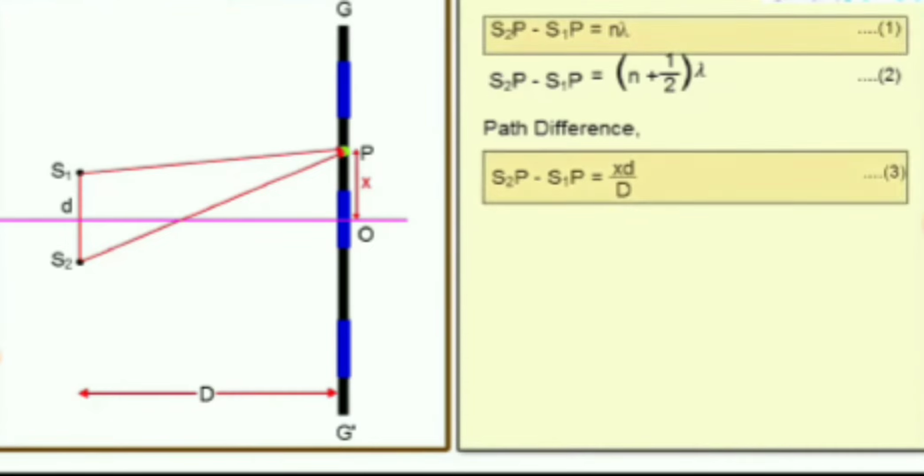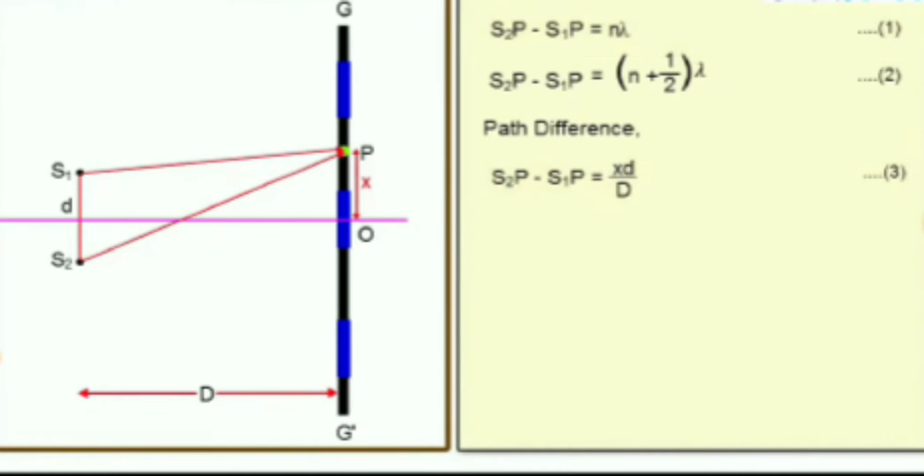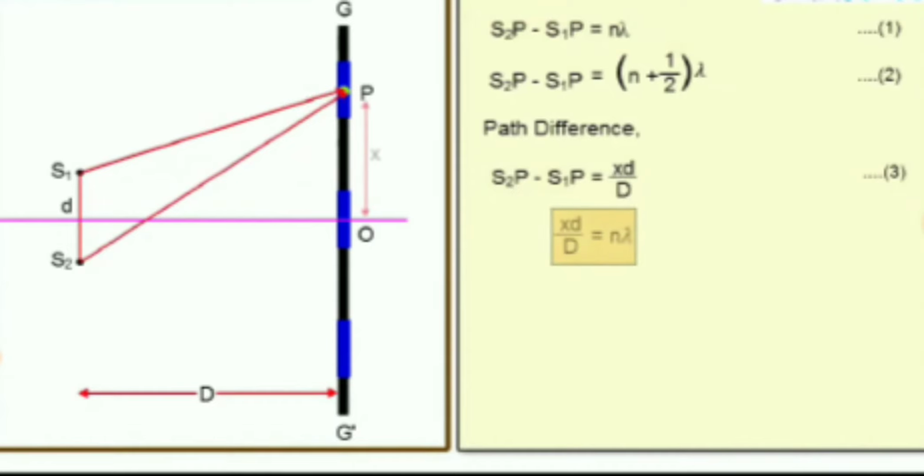From equations 1 and 3, the condition for point P to correspond to a bright band is x into d by D is equal to n lambda, or x is equal to n lambda D by d. Let us label this as equation 4.